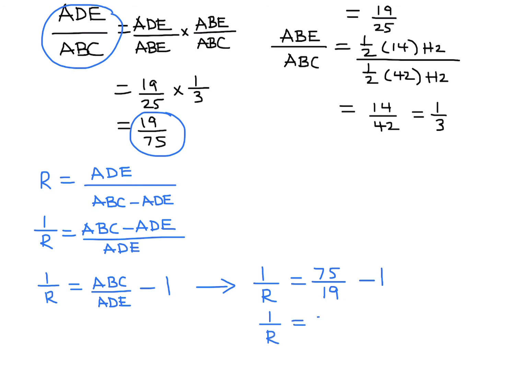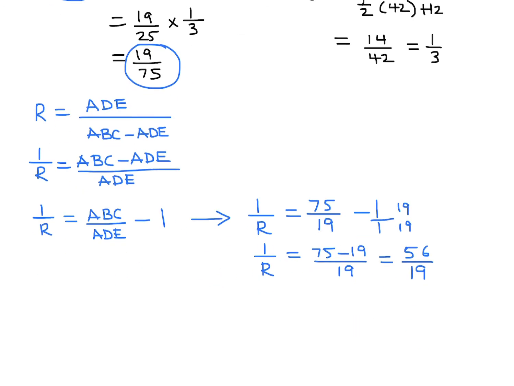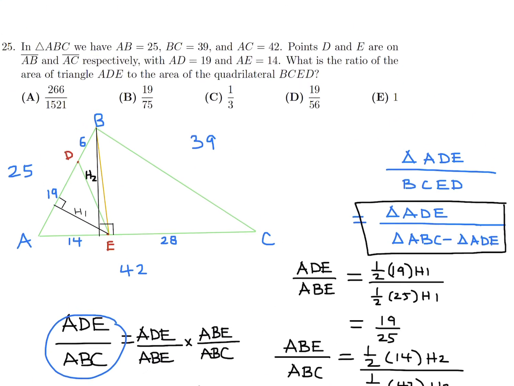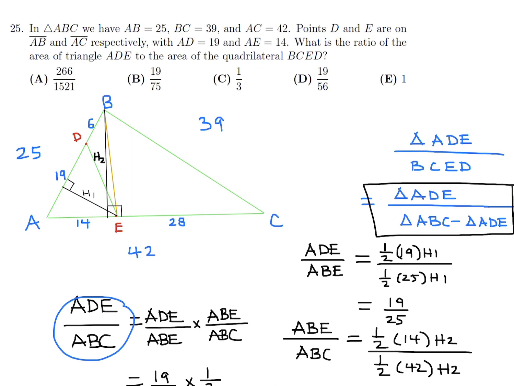Get a common denominator here, 19, 19. 75 minus 19 over 19, which is 56 over 19. And therefore, the final step is you have to flip it to get R. And that's 19 over 56. R, of course, being our ratio. And there you have it. That's the answer. So number 25, 19 over 56 is D.